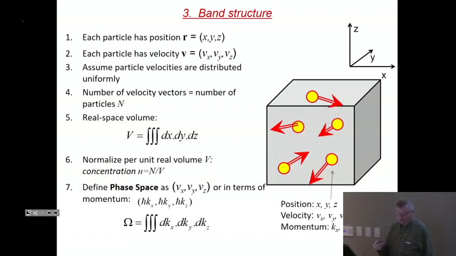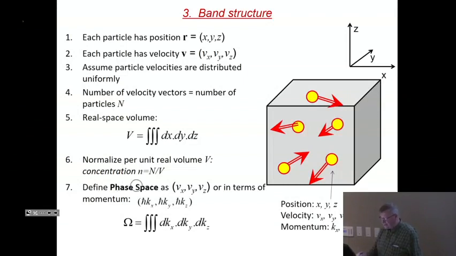Now, we then apply the Boltzmann equation to this. So each particle has a position, x, y, z, and has a velocity vx, vy, vz. You assume that these velocities are distributed randomly and uniformly. You assume that the number of velocity vectors equals the number of particles, n. And then you have a real space volume, which is the integral of dx, dy, and dz.